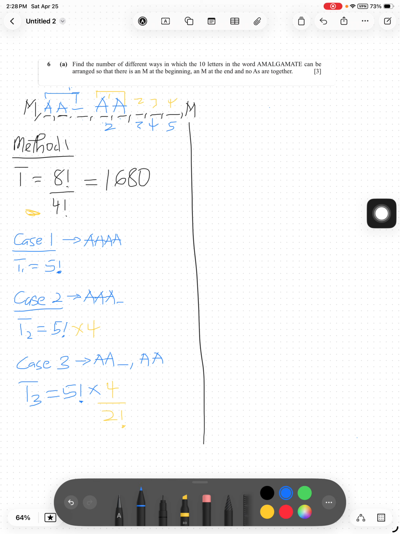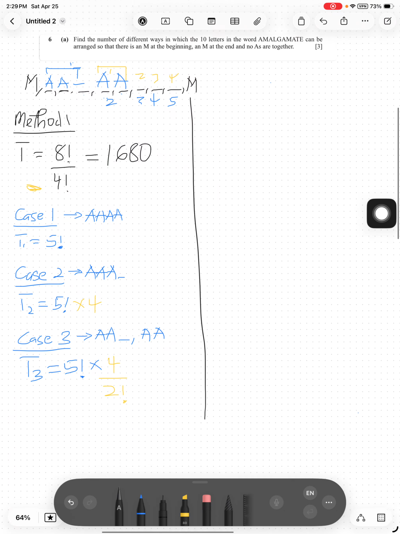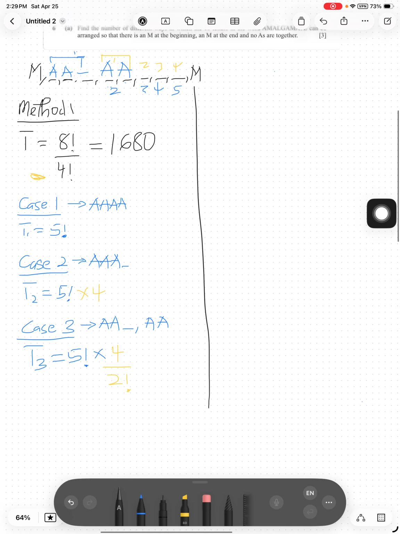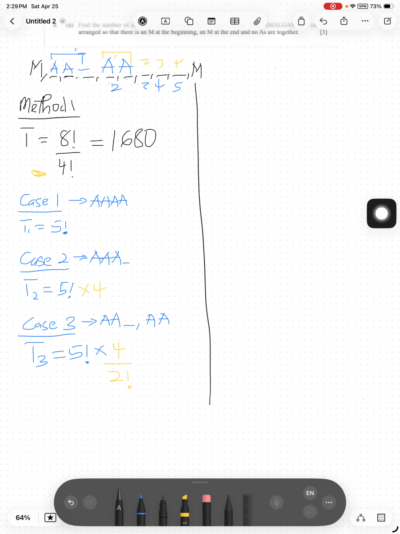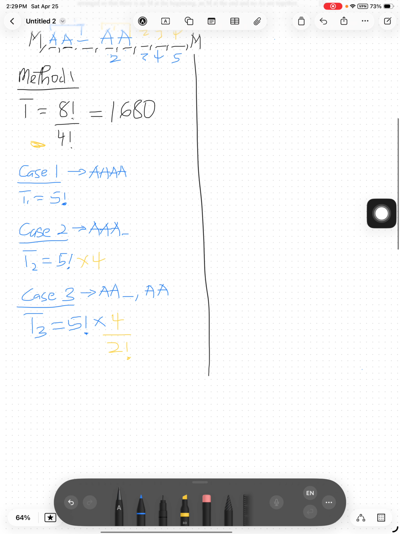Then we can now move to the final case, which is case 4. Okay, case 4. Now for the case 4, we're going to talk about treating the single A's, right?